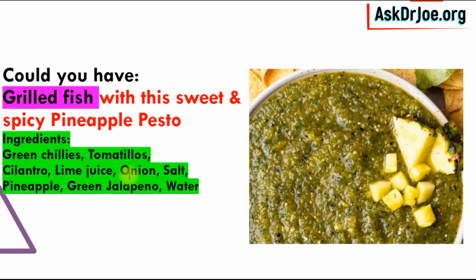Add some lime juice, onion, salt, and of course, as it is a pineapple pesto, we need some pineapple as well. Some green jalapeno, add some water, blend, but don't blend it too smoothly. This consistency you see on the right is just good. And have it with your grilled fish. How about that? That's not bad. That's a very nice pairing.